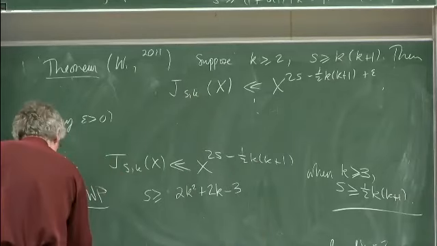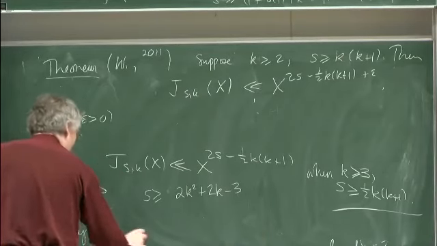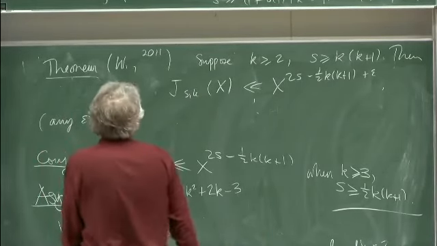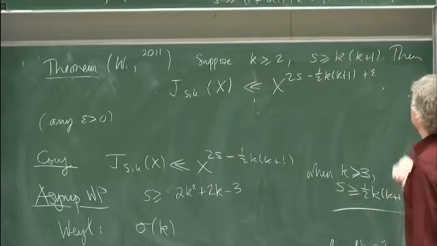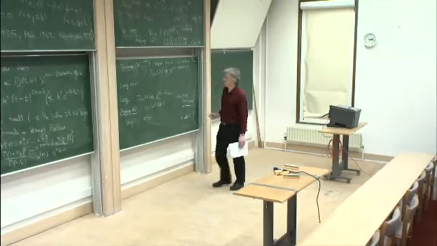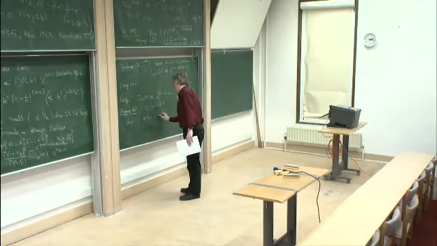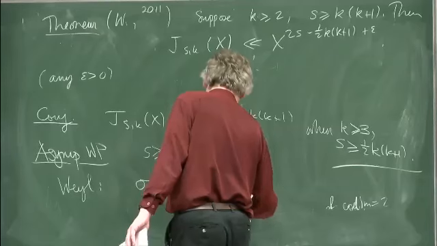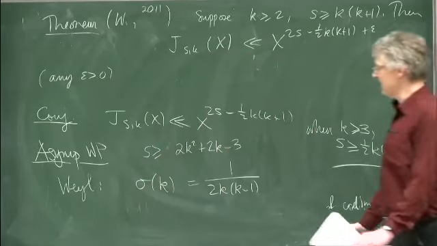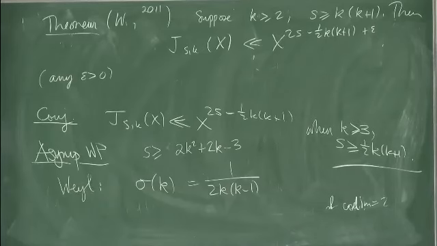And maybe the Weil exponent is also worth mentioning. So instead of 1 over 4k squared log k, or 2 to the 1 minus k, one gets a result with sigma of k equals 1 over 2k(k minus 1). So again, it's quite elegant in some ways.